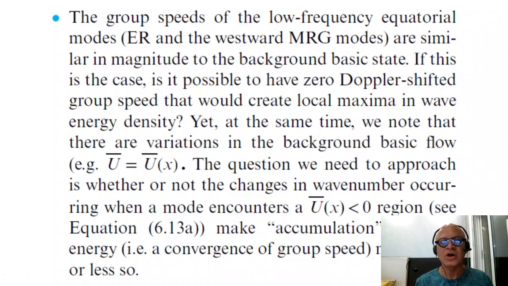So the question we need to answer is whether or not the changes in the wave number occurring when a mode encounters an easterly flow makes accumulation of wave energy more likely or less so. Okay, I hope this is correct. Make sure that this is not easterly but westerly.